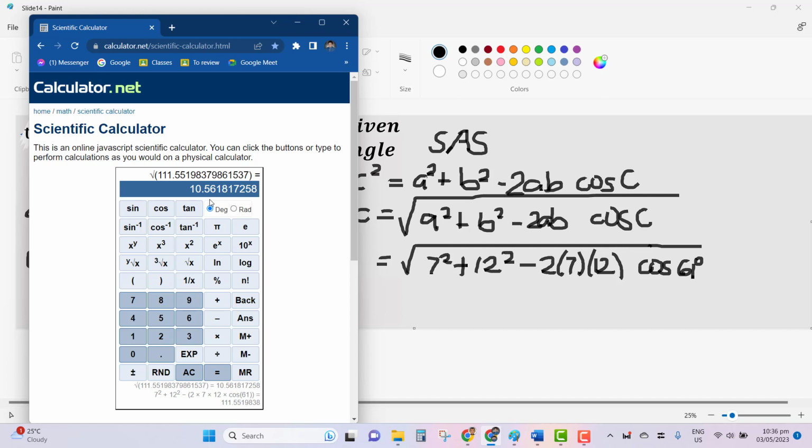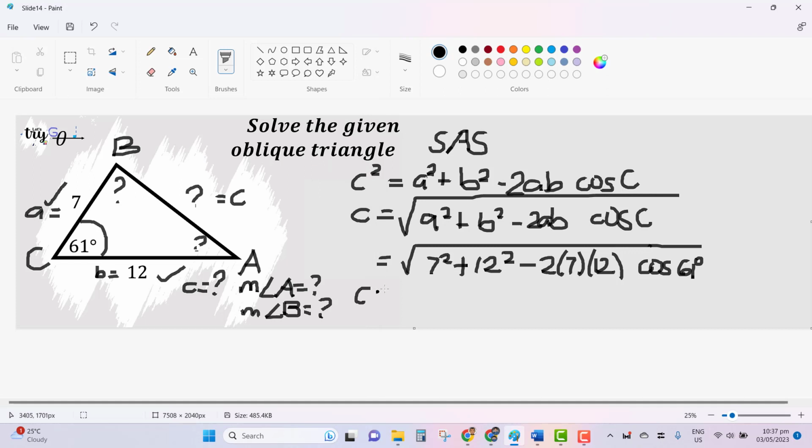Let us round it off to 2 decimal places, and since we will be doing that, we will be using approximation instead of an equality. That would be 10.56, so C is approximately 10.56, and let's use units here because there's no given unit of measurement for the length of the side.